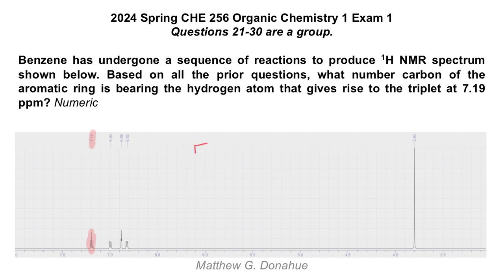At this point, we're working with the meta-substituted pattern as our claim. So we said singlet, doublet, triplet, doublet, and if you number 1, 2, 3, 4, 5, 6, the answer is going to be 5. That gets you your triplet.